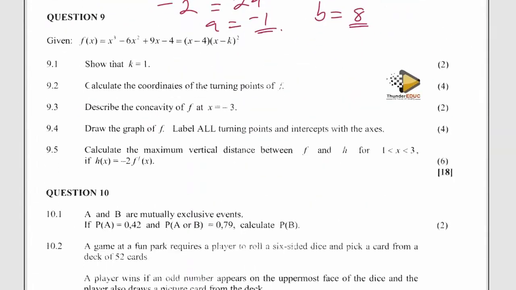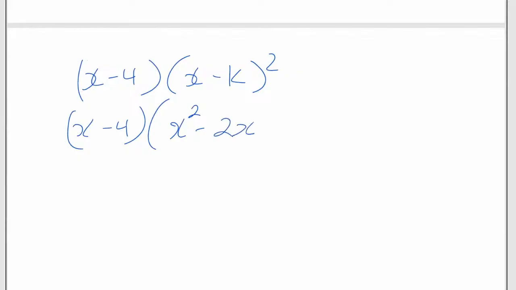They want us to show that k is 1 if we are given this. So step number 1, we just need to open this up. I don't know how you would do it, but I opened the right-hand side up. So I'd have x minus 4 into (x minus k) squared. When I open this, I'll have x squared minus 2xk plus k squared.